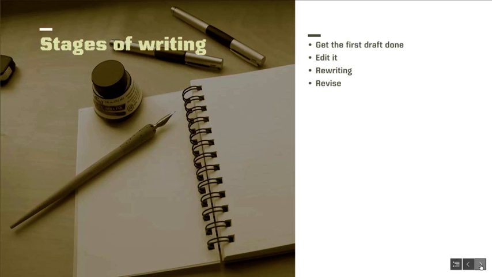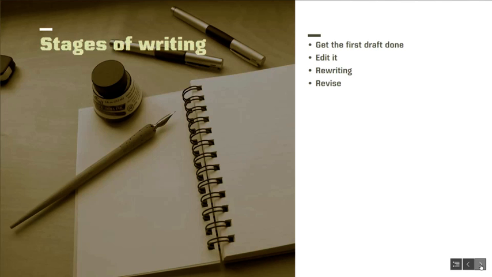We talked about the complete stages of writing last week and how you do the revising and the editing and all that stuff. So let's just go through this one more time. The first thing that I suggest that you do is get the first draft done. Just write it. See if you can write it in one sitting or two sittings. Write it as quickly as you can. Don't be sloppy with your writing, but just get the writing done. Get that first draft done, then take a break.